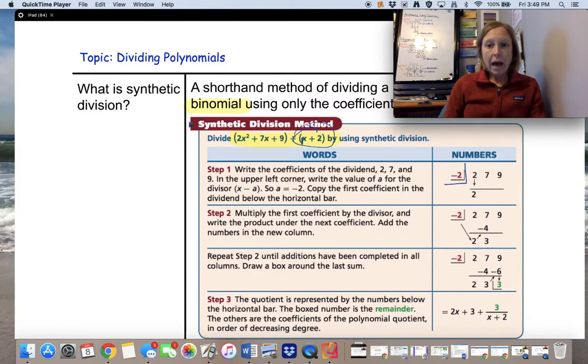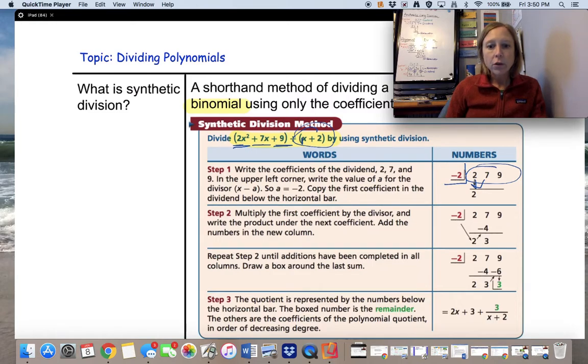Once we write down the opposite of that, then we write down all of our coefficients next. So the coefficients of our dividend are 2, 7, and 9. That's where these numbers come from, 2, 7, and 9. Then we drop down the 2.